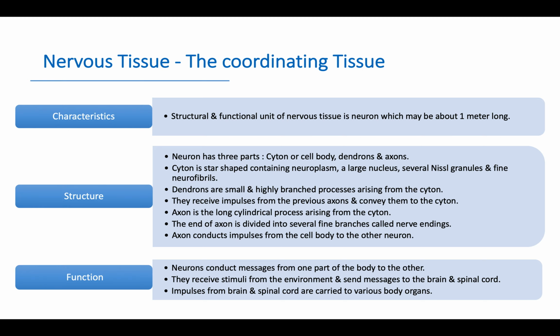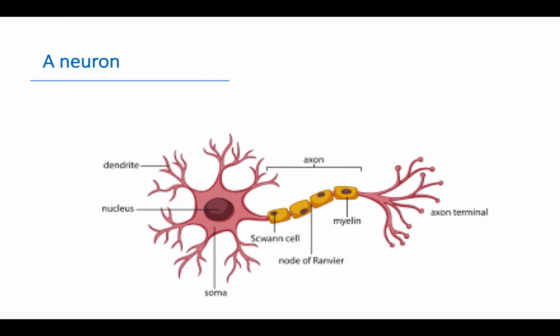Neurons conduct messages from one part of the body to the other. They receive stimuli from the environment and send messages to the brain and spinal cord. Impulses from brain and spinal cord are carried to various body organs.